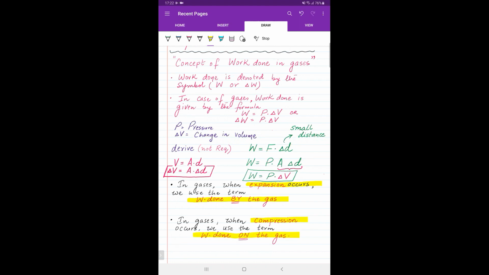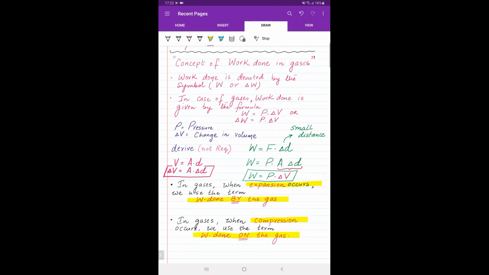So whenever gases undergo expansion, so whenever there is an increase in volume, then we refer to that condition by the term work is done by the gas. So work done by the gas refers to gas undergoing expansion, or work done by the gas refers to an increase in the volume of the gas.